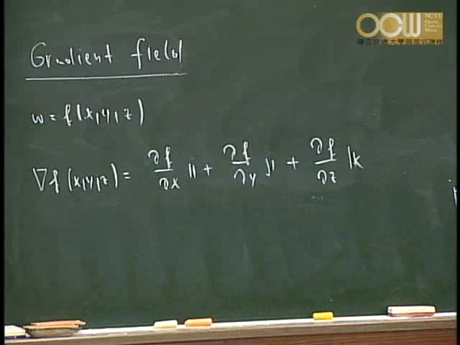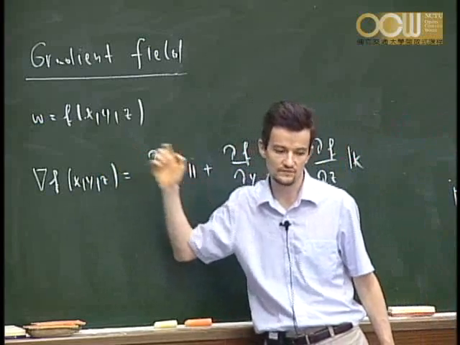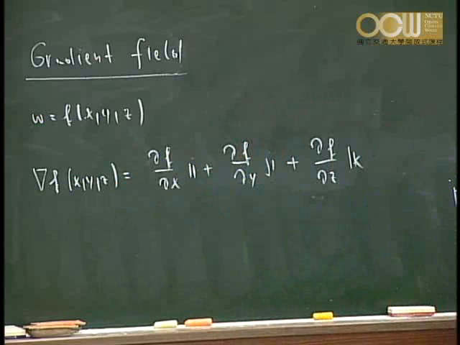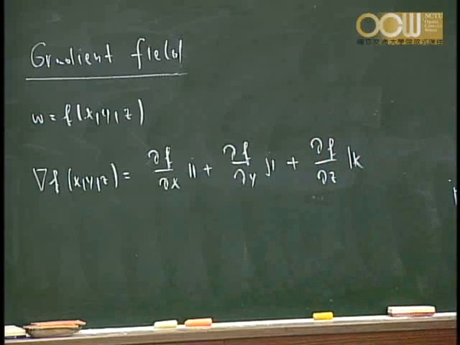Now, if for a given three-dimensional vector field there exists a function f such that the vector field can be described as a gradient vector field, such a vector field is called a conservative vector field, and those vector fields frequently appear in physics.